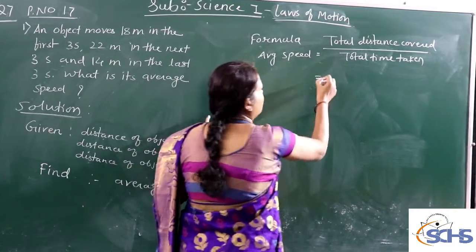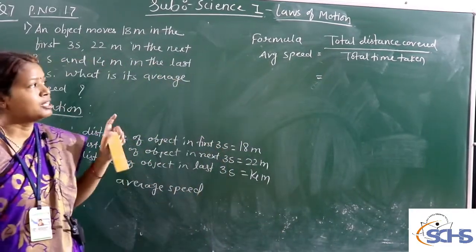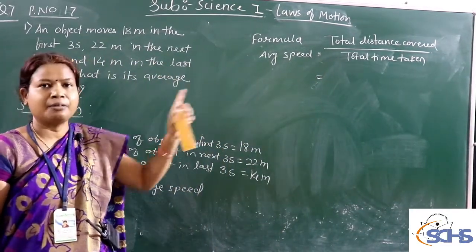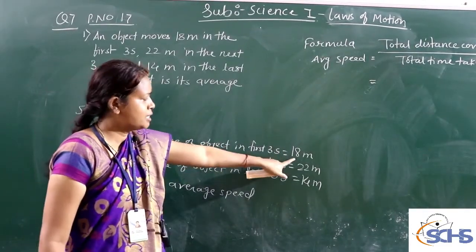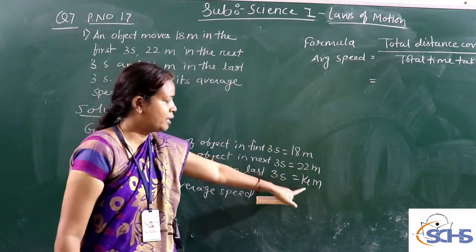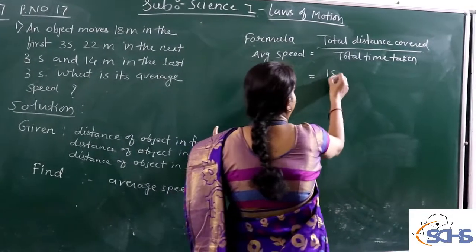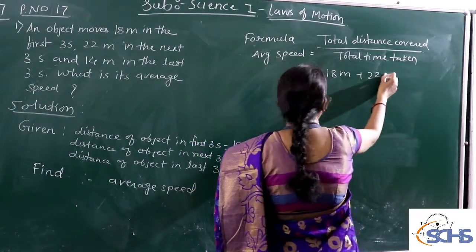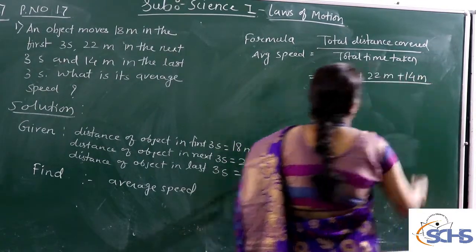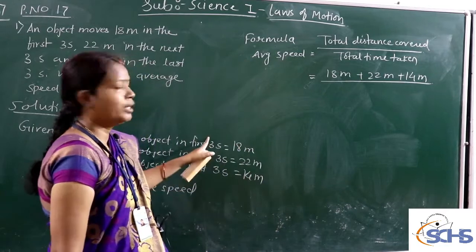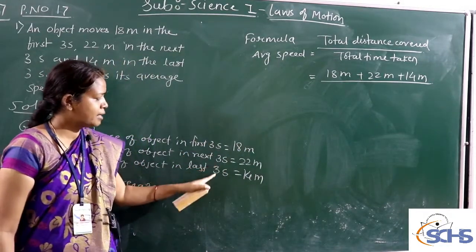We have to put all the values of distance as well as all the time taken by the object. What are the distances? 18 meter, 22 meter and 14 meter. So 18 meter plus 22 meter plus 14 meter divided by total time, 3 seconds, 3 seconds, 3 seconds.